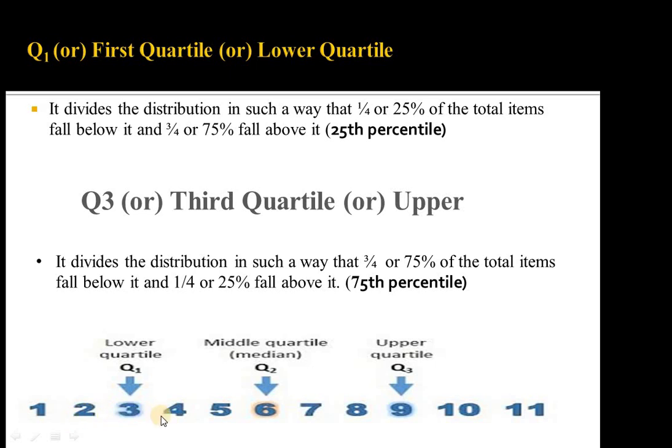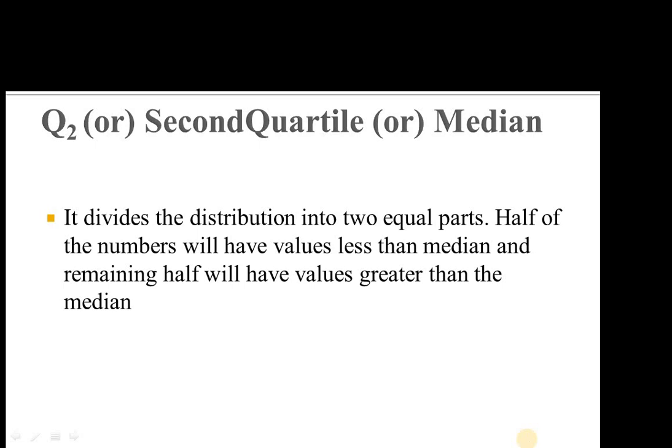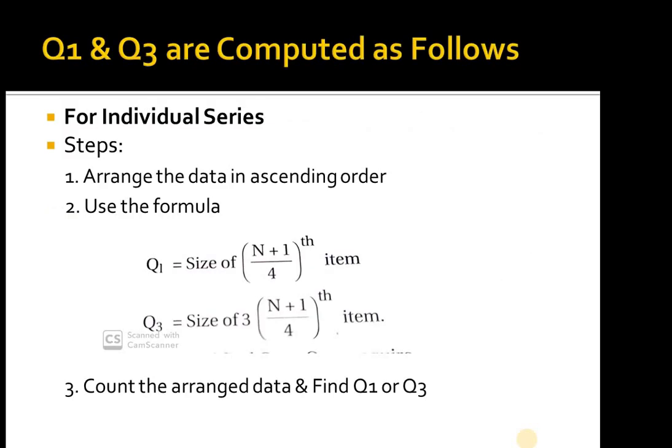In the series, we divided data into 4 equal parts, 1, 2, 3 and 4, and we have 3 quartiles. Quartile 1 represents the 25%. It means from the total data 25% will fall below and the remaining will fall above. Same case in Q3. Q2, as I already told, is the median, so it divides the entire data into equal parts.